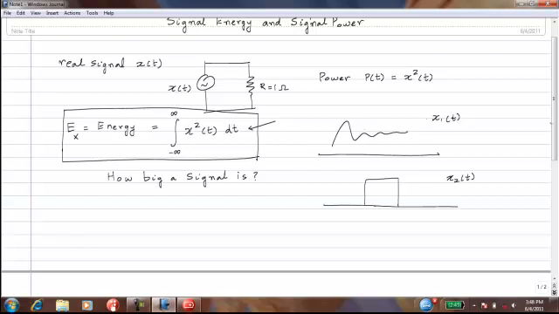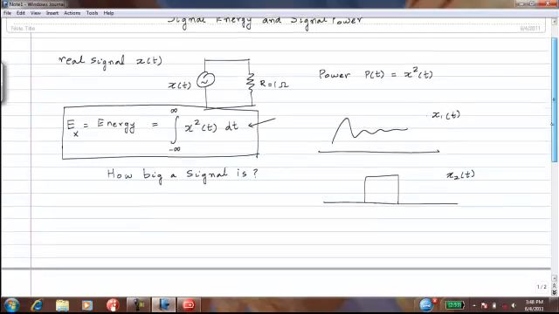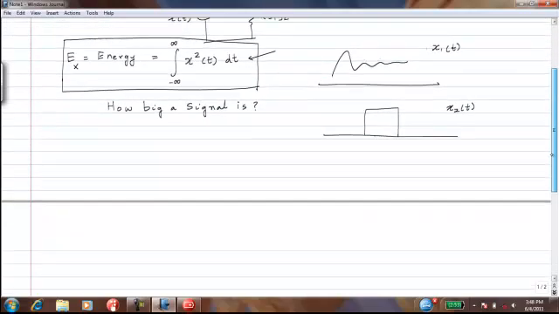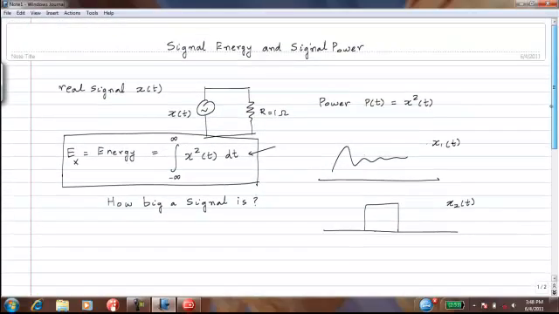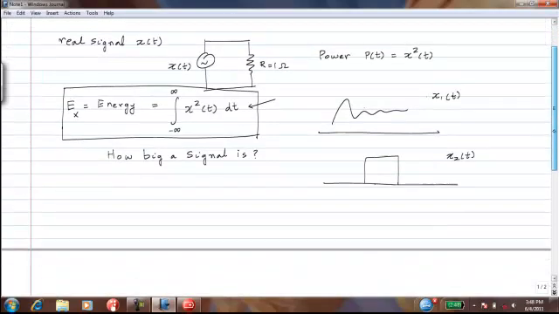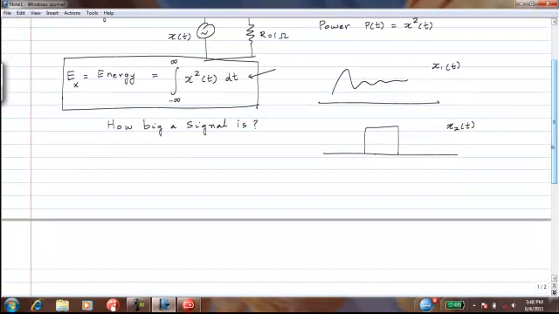At this point it's just an arbitrary definition of something which will be used as a measure of the strength of the signal. You will see later that this kind of definition comes somewhat naturally in some contexts, and it's actually useful, but let's not talk too much about that at this point. We'll just leave it as saying the energy associated with the signal is defined by the integral shown here.